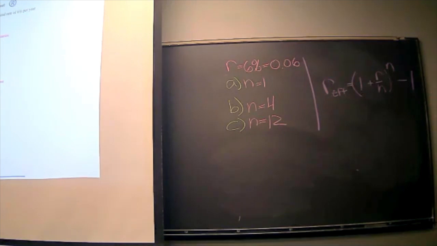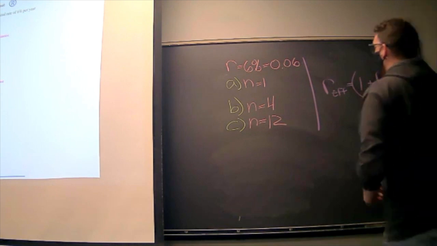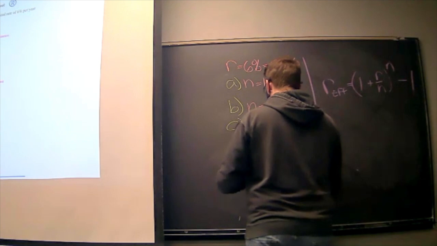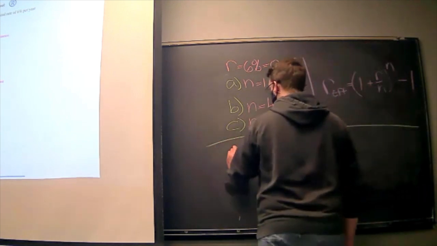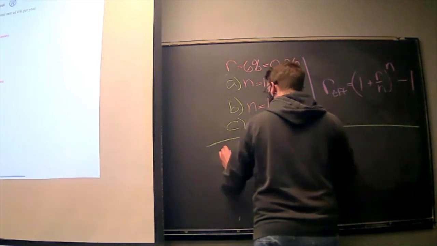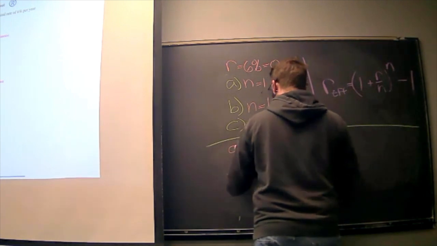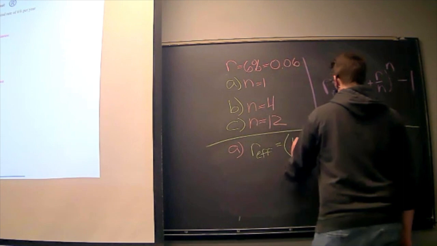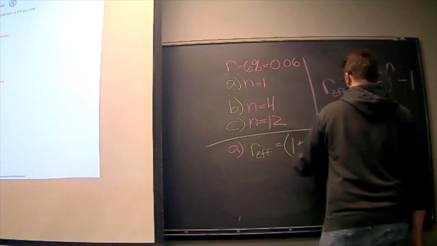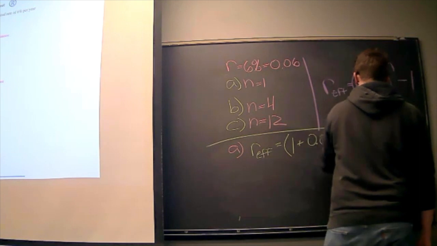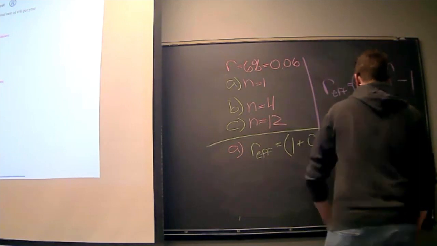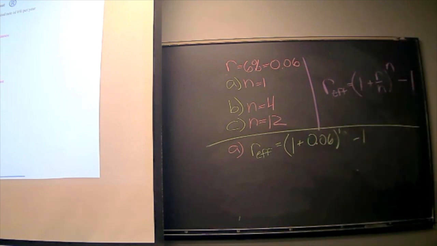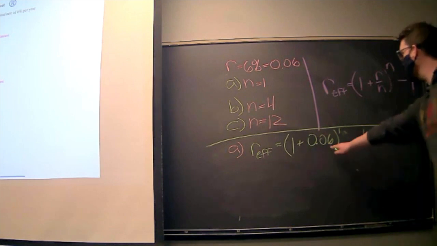All right, so to solve for our effective rate in the first case, we're just going to plug 1 in for N. So all this is going to become is 0.06, right?